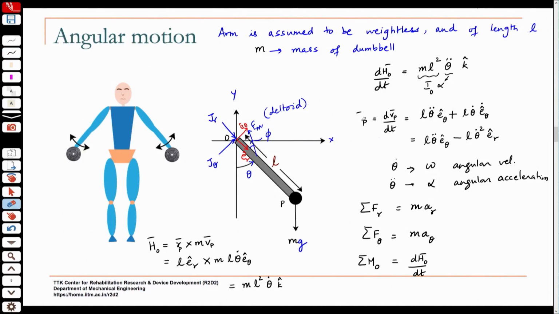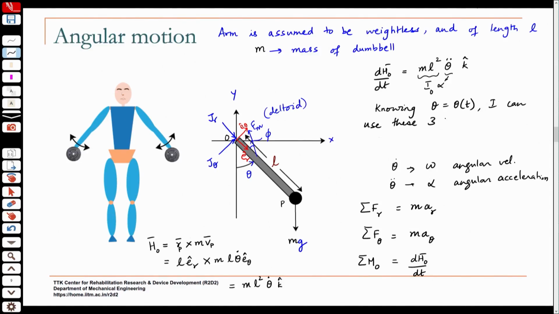So, now I can write these three equations to solve for, I have to know theta, theta dot, theta double dot, or theta as a function of time. Knowing theta as a function of time, I can use these three equations to solve for the three unknowns, which are J r, J theta and F m. Okay. So, let me just write down those three equations.